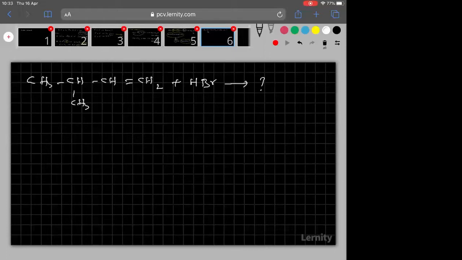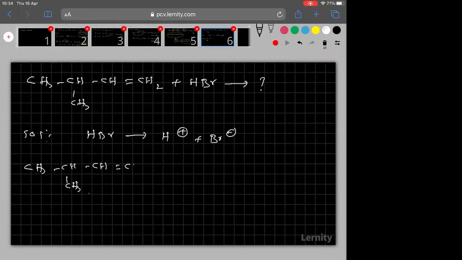Okay, so I think most of you got the answer, but anyway, here I am giving the solution. See clearly, HBr first of all ionizes to give H plus and Br minus. Now let me take the alkene CH3-CH(CH3)-CH=CH2.